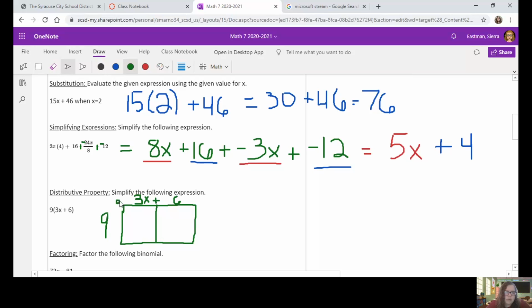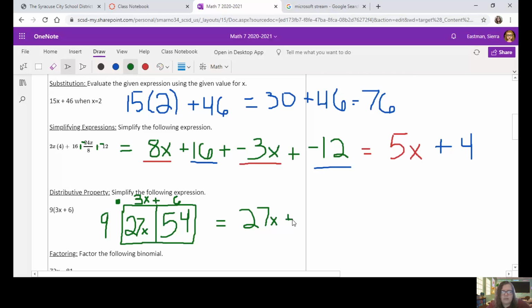We are multiplying to get those answers. And so 9 times 3x gives me 27x. And 9 times 6 will give me a 54. So my final answer for this question is 27x plus 54.